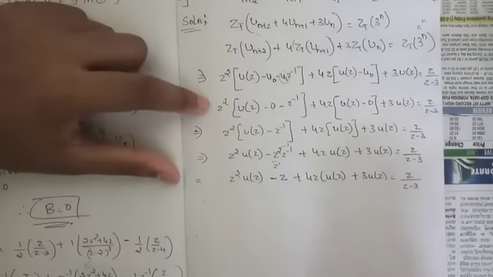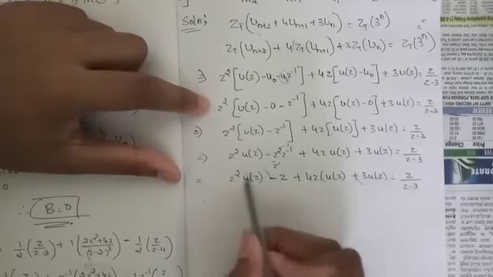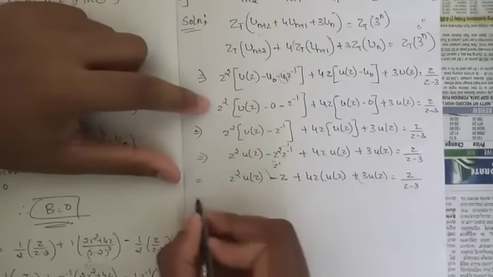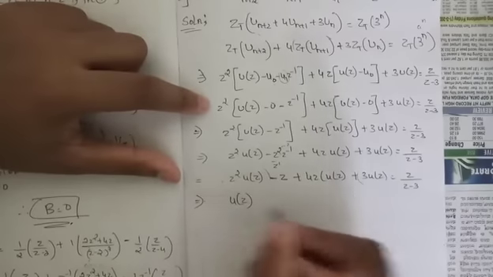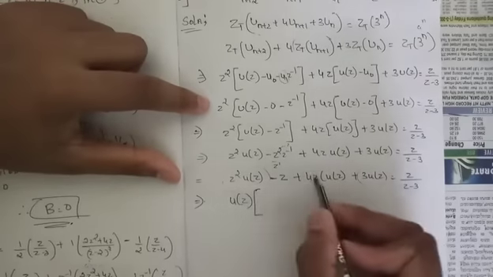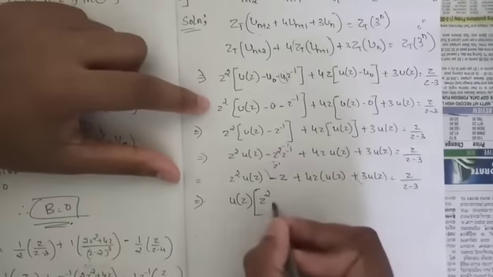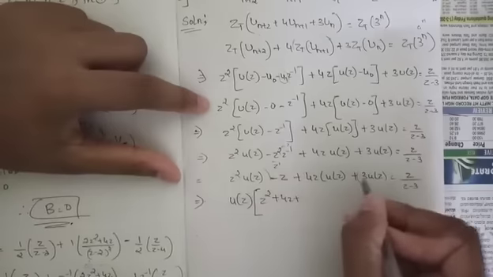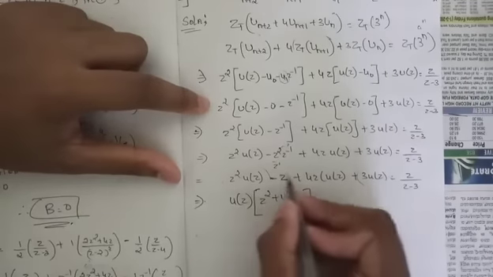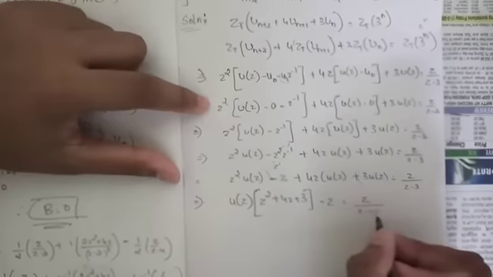So now the next step in the procedure: we can see that in these three terms there is a common term, that is u of z. So we need to write it separately, right? I've told you, write the u of z separately and write the remaining terms, that is z square plus 4z plus 3, and we have one more term remaining, that is minus z, equal to z by z minus 3.